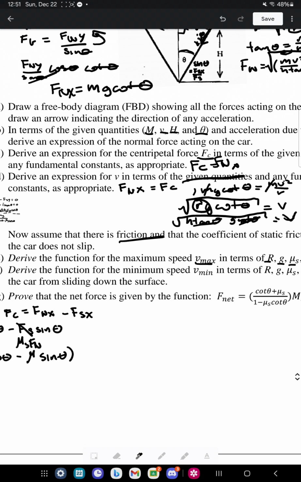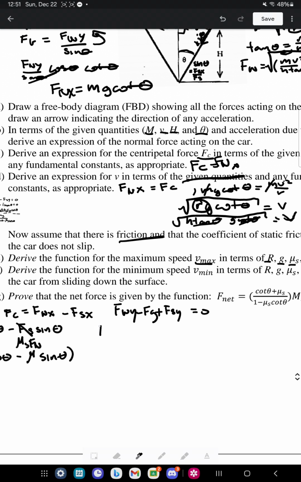So let's see, f n of phi minus fg, and this time we're doing plus fsy because it's moving upwards, and that would equal 0.